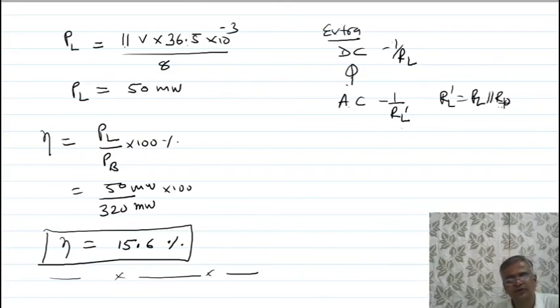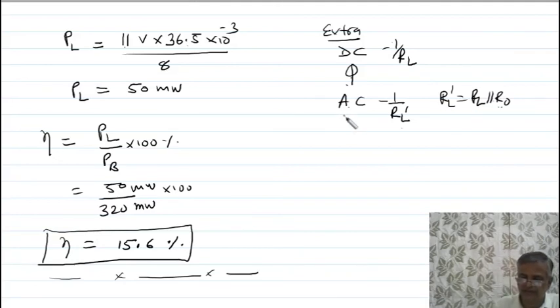We also discussed that when RO is very large, this value is nearly about RL. So the AC and DC load lines are parallel, the same. So it is advisable to use a meter whose resistance is very large when you are using it to measure the output voltage.